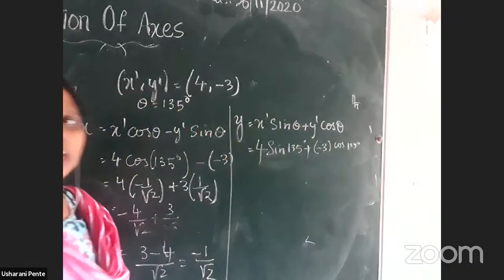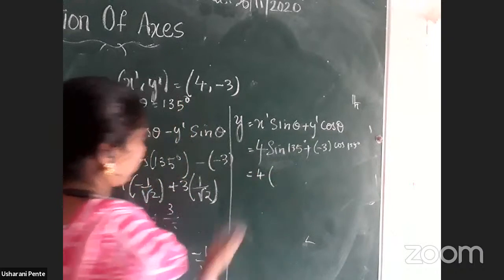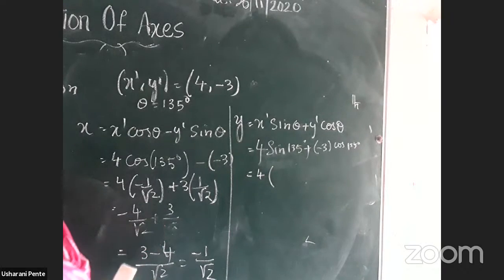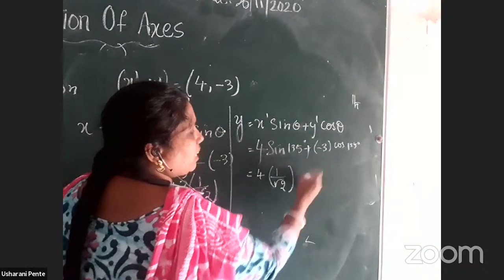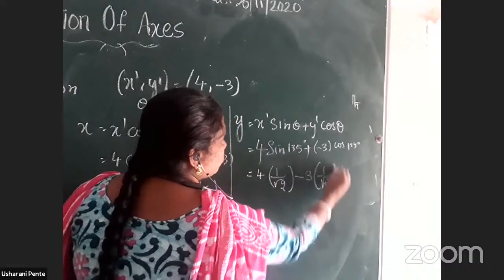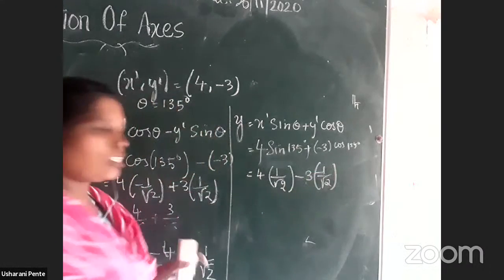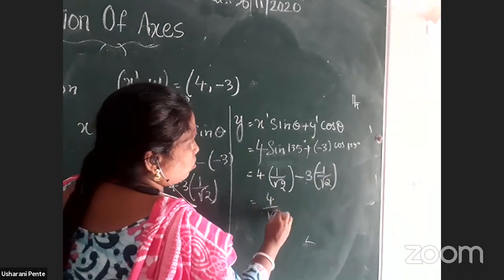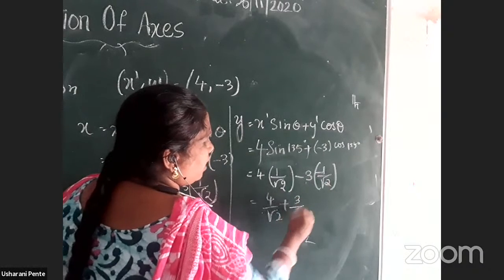So 4 times sin 135, which is 1 by root 2, plus minus 3 times cos 135, which is minus 1 by root 2. That is 4 by root 2 plus, minus of minus becoming plus, 3 by root 2.